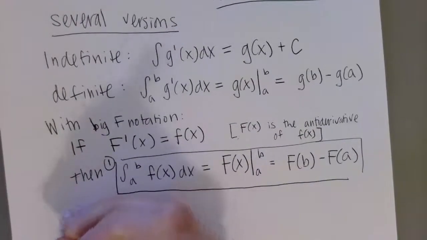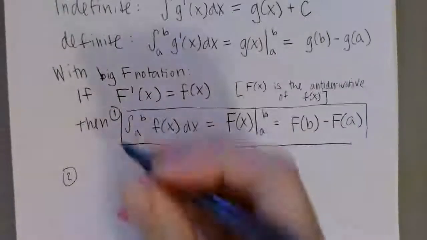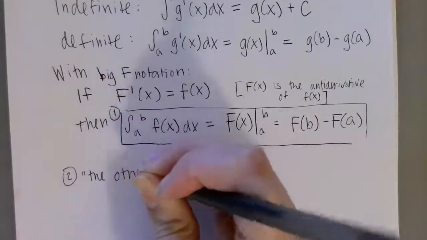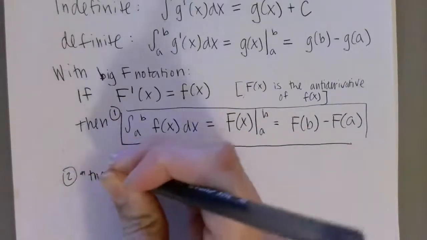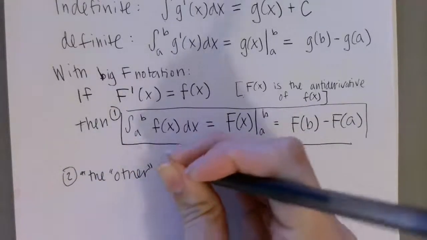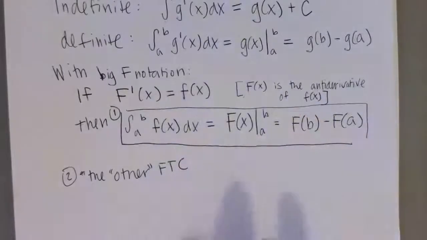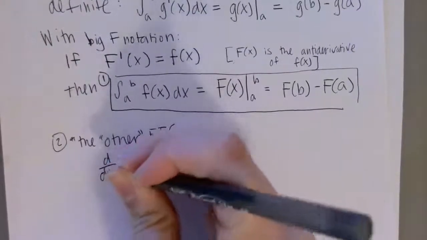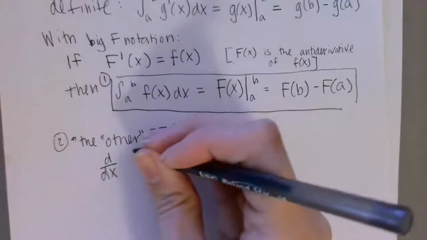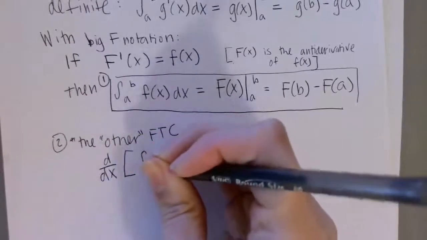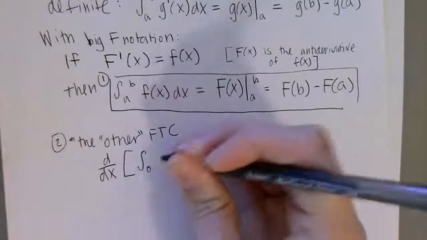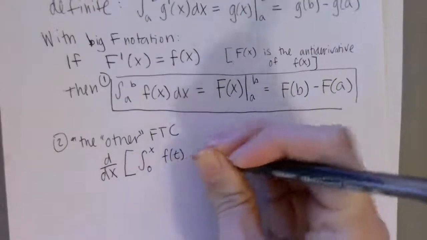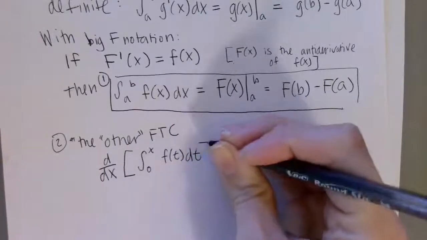Version 2 is going to be the other fundamental theorem. It's kind of the same idea though. So let's say we had d dx, so the derivative of the integral from 0 to x of f of t dt.